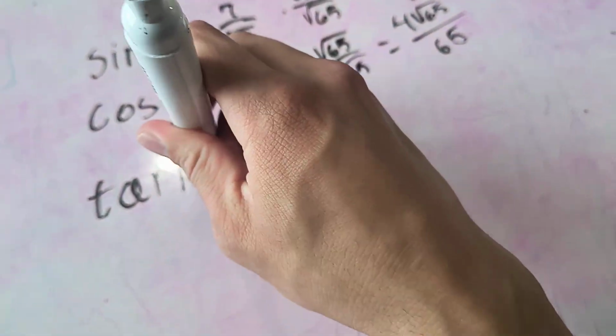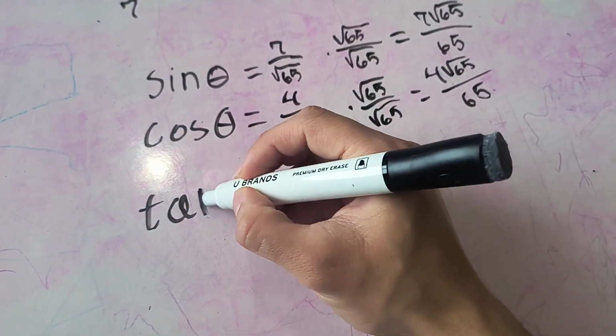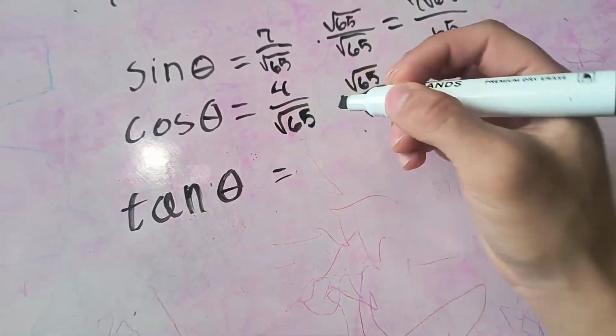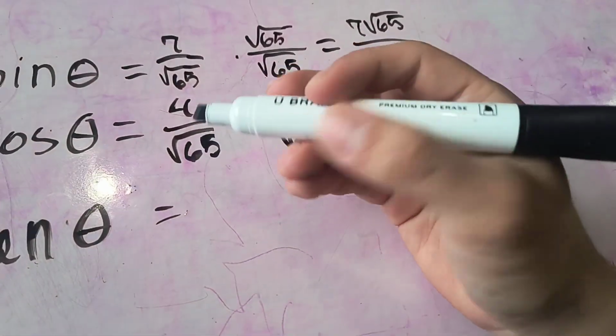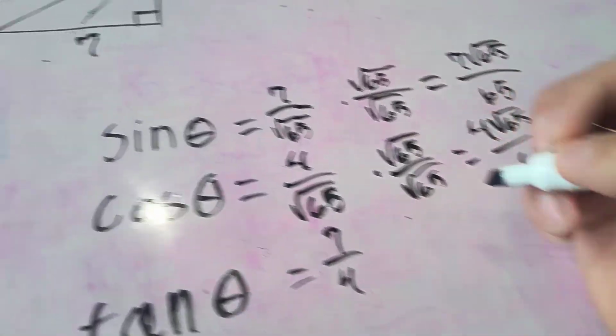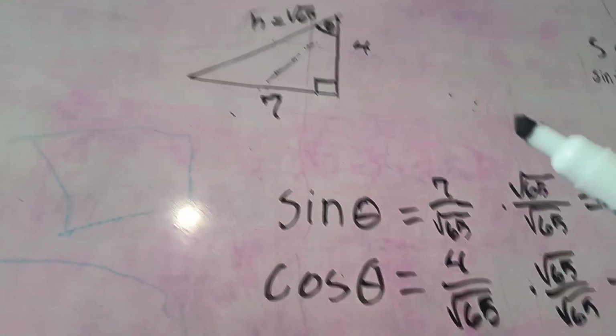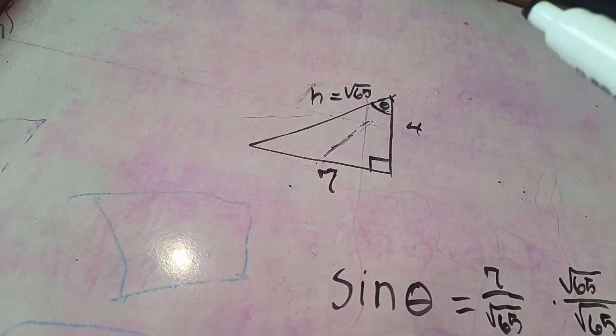Okay, so opposite over adjacent. This is the adjacent side. This is the opposite side. So opposite 7 over 4. There we go. That's our tangent for this one. That's great.